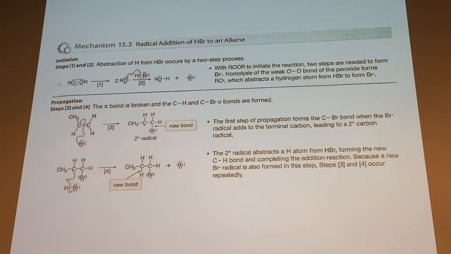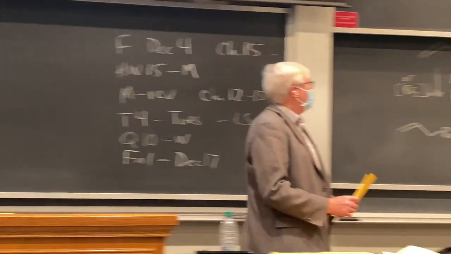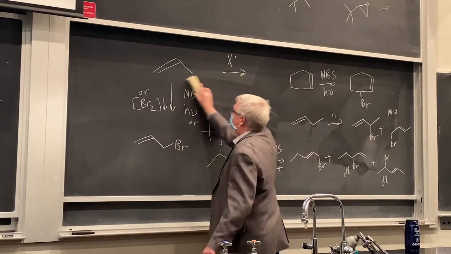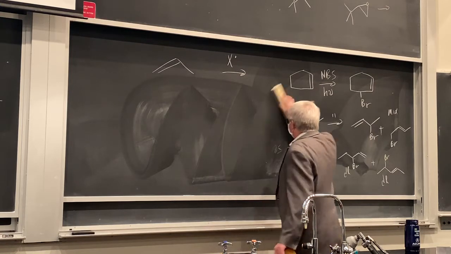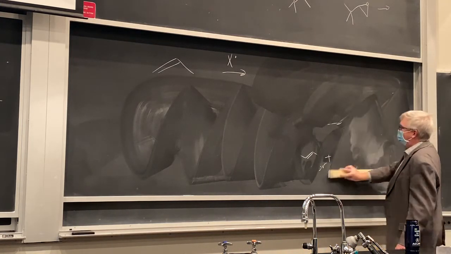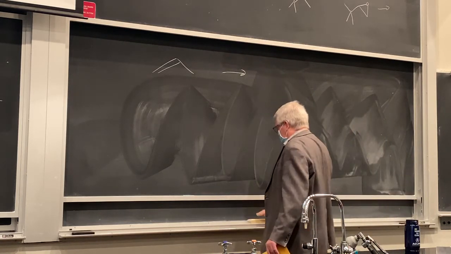All right, let's get into the peroxide thing here a little bit, and we're going to do that in the context of another reaction, and that's radical additions to alkenes, and we're going to do additions of HBr. We're going to be limited to bromine again, so it'll be a little more specific here.